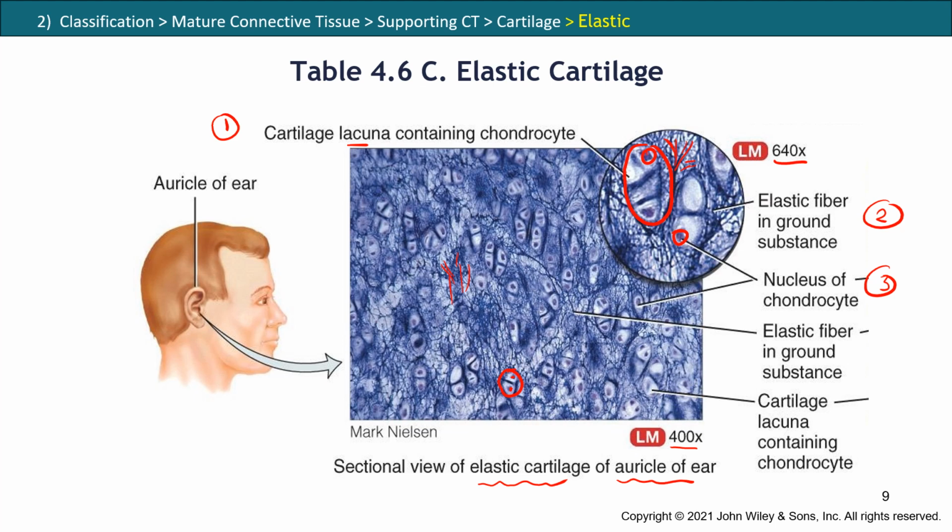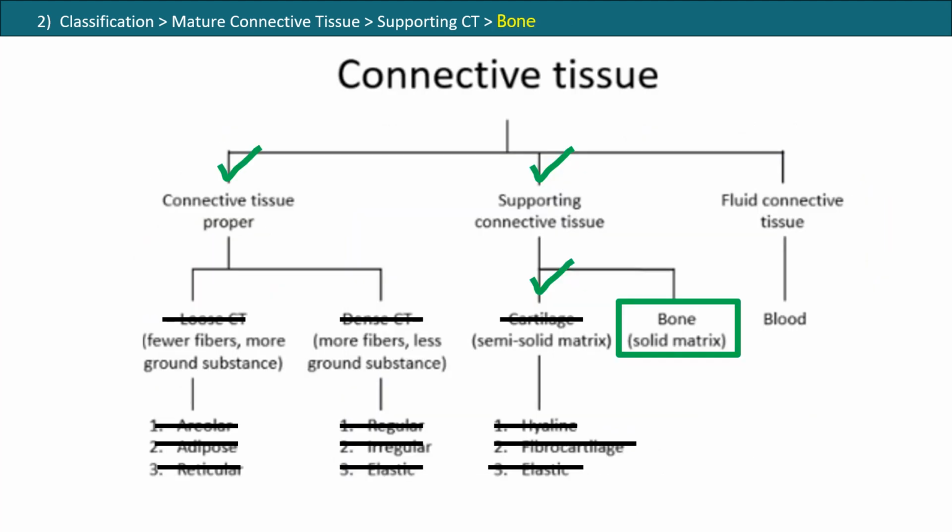So with this, we finish the last type of cartilage. Now I'm going to give you a little summary and then go into the other type of supportive connective tissue, the bones. We finished the first type of supportive connective tissue, the cartilage, and we know that the most common is the hyaline.